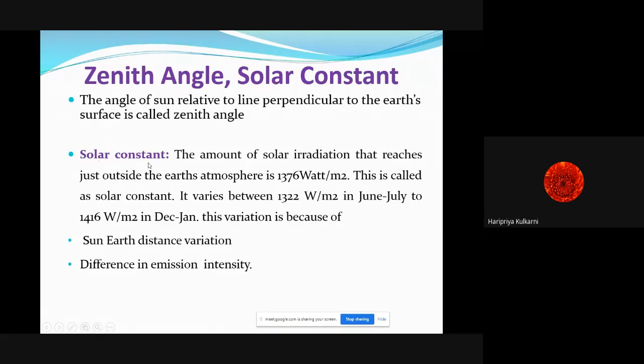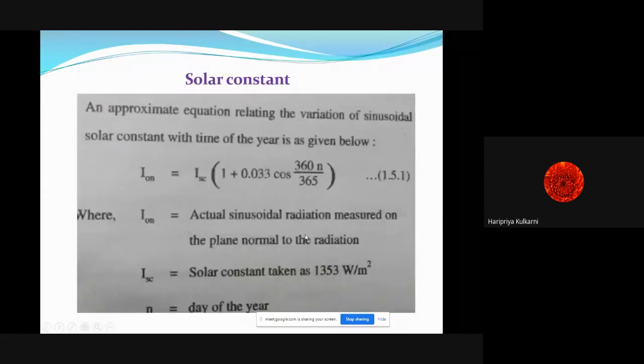Now solar constant, we have already studied the solar constant before. That time someone asked me if there is any formula for solar constant. So yes, we can calculate it with an approximate equation relating the sinusoidal variation of solar constant with the time of the year, and this is given by I_SC, the solar constant. It is taken as 1353 watt per meter square into bracket (1 plus 0.033 into cos of 360 upon 365 into n).